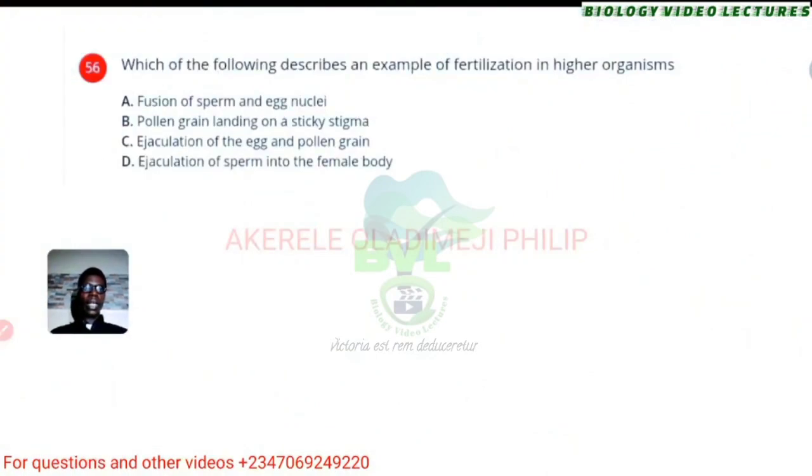Which of the following describes an example of fertilization in higher organisms? Fusion of sperm and egg nuclei, pollen grain landing on sticky stigma, ejaculation of egg and pollen grain, ejaculation of sperm into the female's body. The answer is D. Now, you probably ask me, why didn't I pick A?